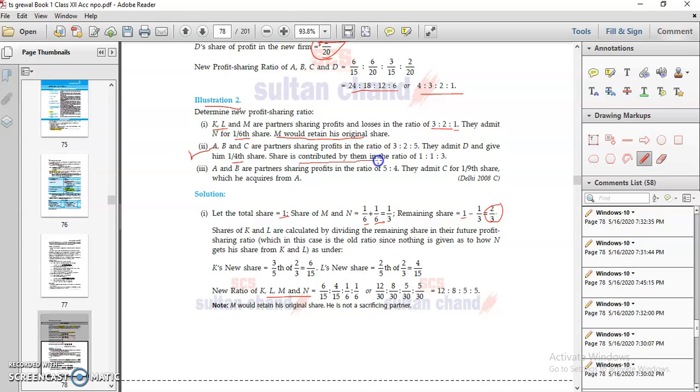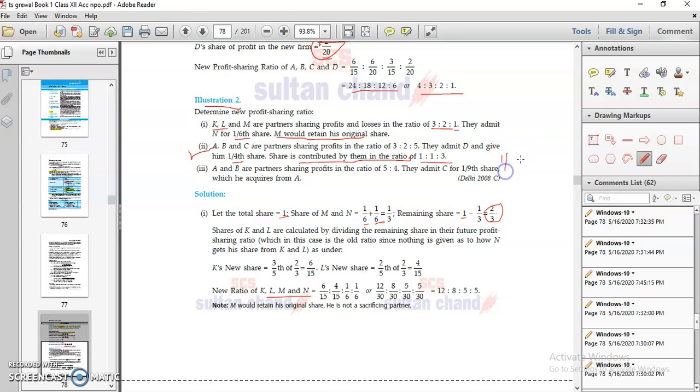Now it is mentioned that they sacrifice the 1/4 share in the ratio 1:1:3, which means the 1/4 share is given to D. That 1/4 share, A contributed 1/5, since 1 plus 1 plus 3, the total comes to 5.